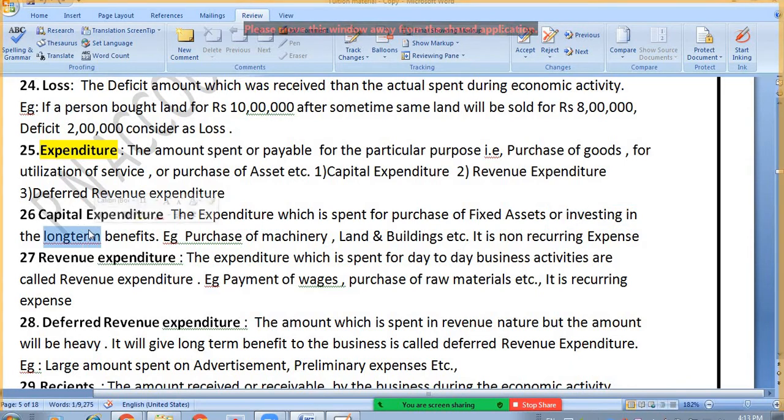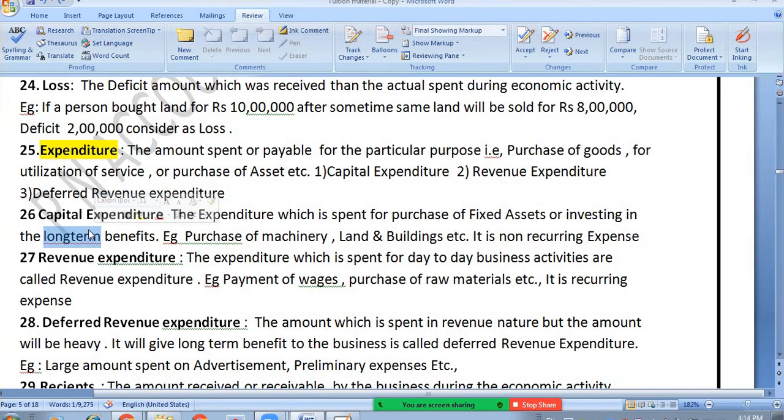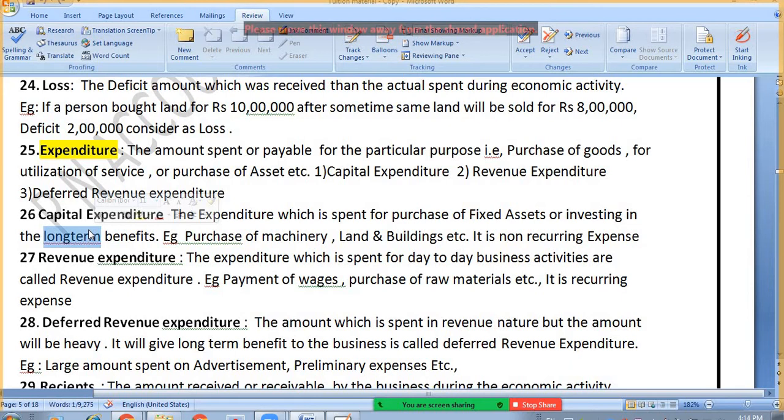Suppose I purchased Reliance Industries shares for a period of 10 years, holding them for 10 years, then it can be considered as a capital expenditure to me, because it is for the purpose of long term benefits.